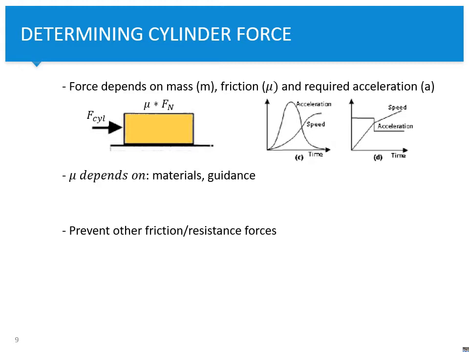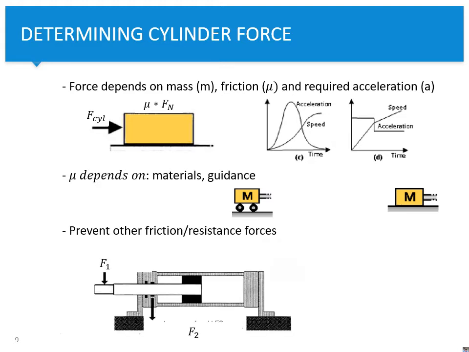And you can really think about this. Well, of course, this friction factor can be changed as well by choosing different materials or guidance, or using roller bearings or sliding bearings or whatever to decrease the friction factor. So that would all be engineering you can do before you even start choosing the cylinder itself.